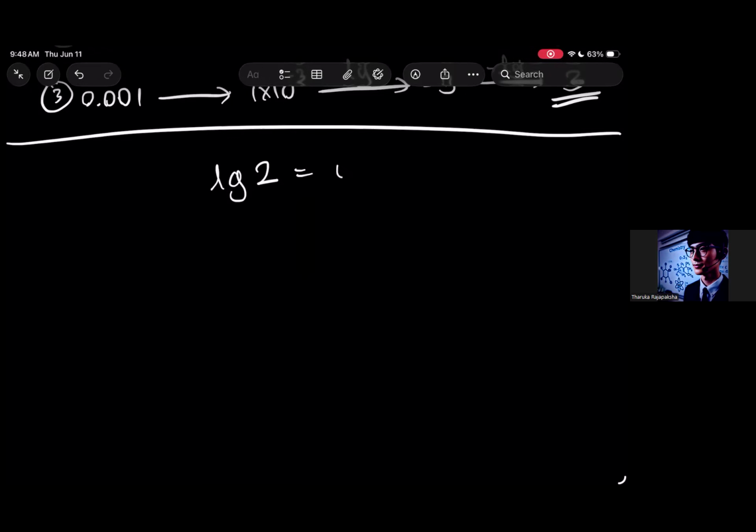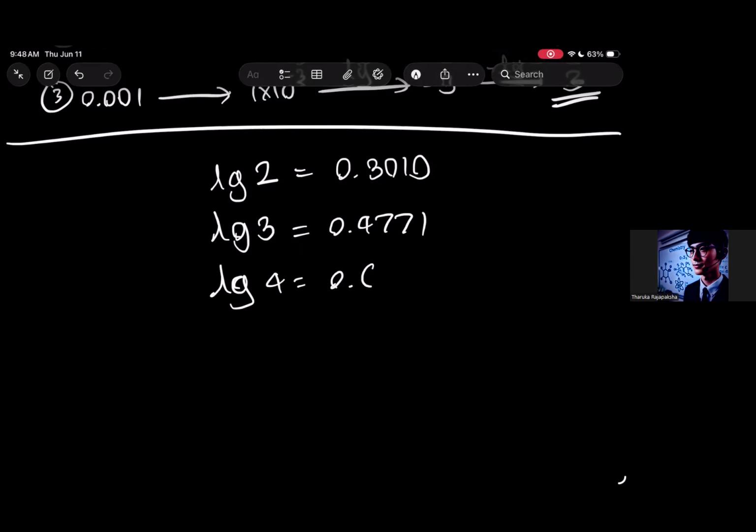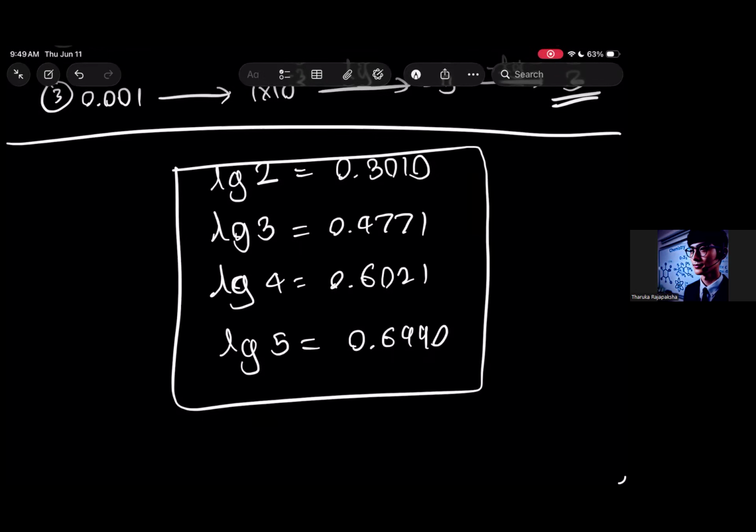Log 2 is equal to 0.3010, log 3 is equal to 0.4771, log 4 is 0.6021, and log 5 is equal to 0.6990. So it's better if you can remember these. If not, it's fine. You can use the logbook because they give the logbook in the exam, so it doesn't matter, right?